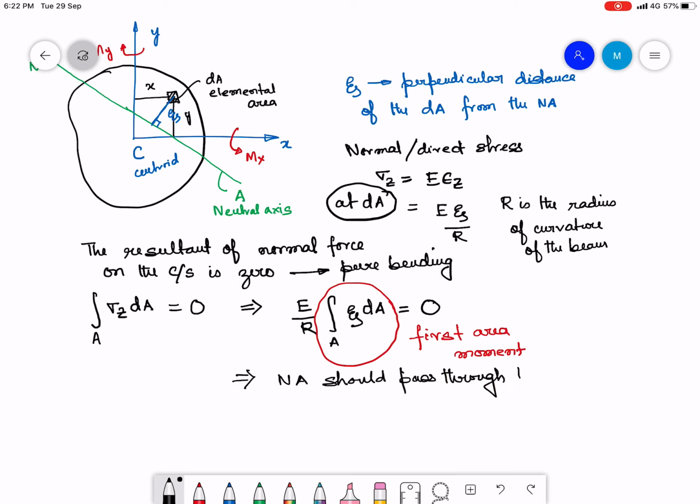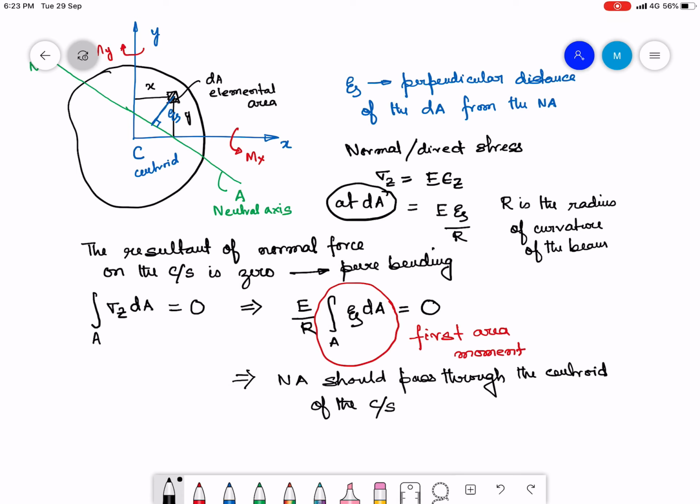through the centroid of the cross section. Therefore, we can say that even for bidirectional bending of any arbitrary cross section, the neutral axis passes through the centroid of the cross section.